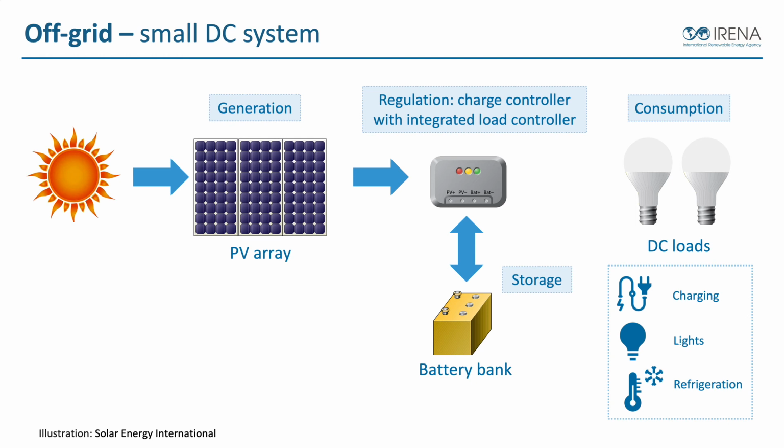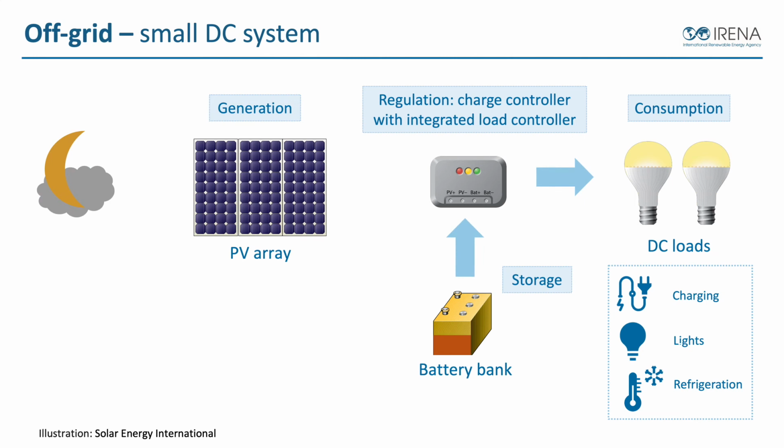So if we step through this diagram, the sun hits the PV array, we generate DC electricity. DC electricity goes into the charge controller, and then the charge controller connects to the battery bank. So the charge controller is able to control the charging of the battery to make sure that when the battery is full, we turn off the solar and we prevent the battery from overcharge or damage.